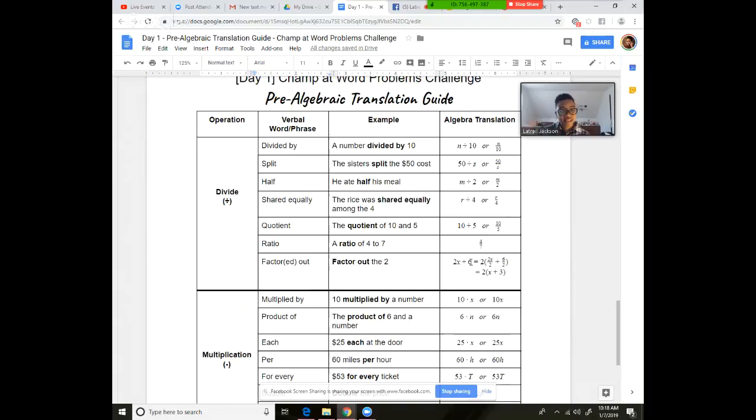When we want to factor out something that they have in common, so a common factor, that means you have to divide it out, and that's what I did here. 2x divided by 2, 6 divided by 2, and the 2 is on the outside, representing the fact that you're factoring it out. And then once you simplify inside the parentheses, that shows you that you factored out.